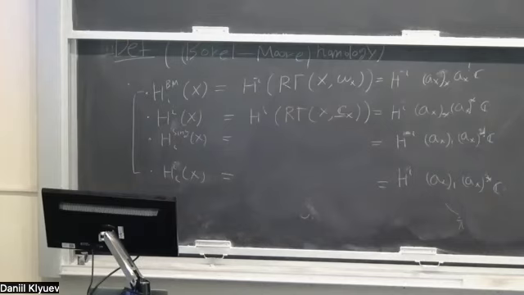For the third one, is it shriek push forward or star push forward? If X has singularity, then the dualizing sheaf might be complicated.